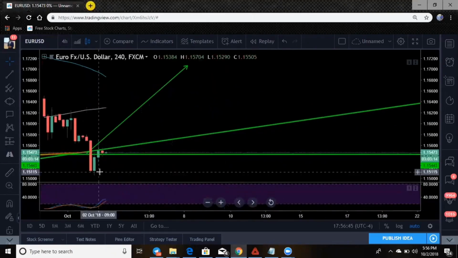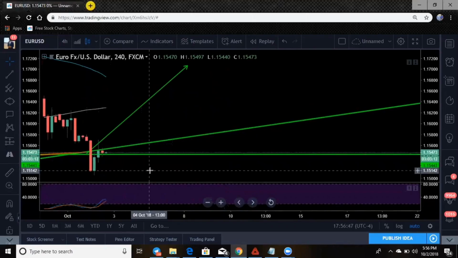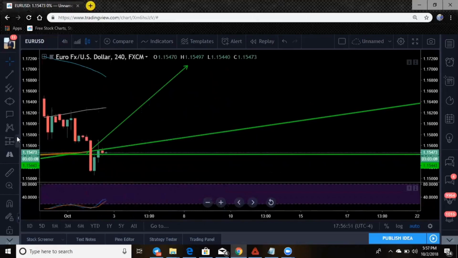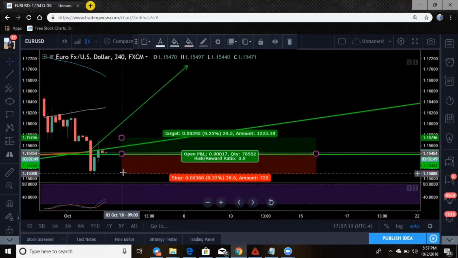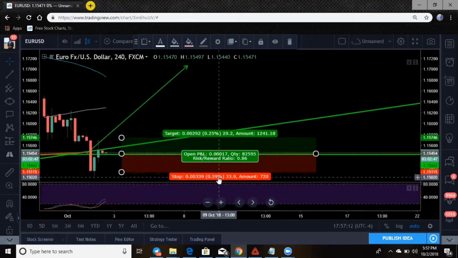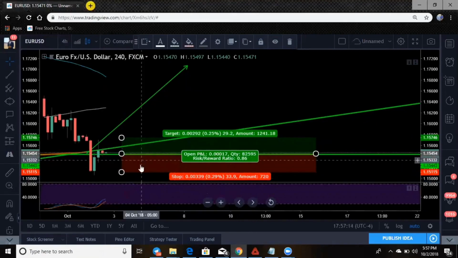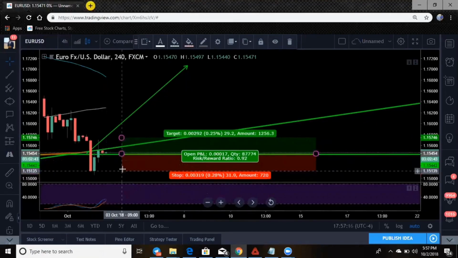For example, if I have a $1,000 account, I know I'm able to risk a certain amount to make a certain amount. So to calculate our pips, let's just take this long position here and place that exactly right on the line. Here, as you could see, once the numbers start moving in the red zone, this is the pips in that zone.